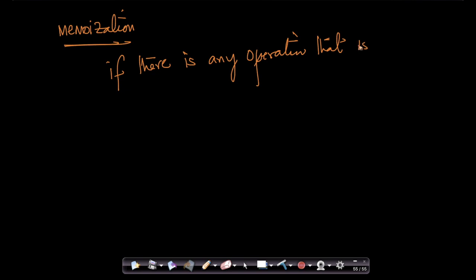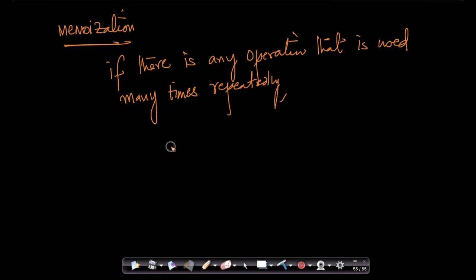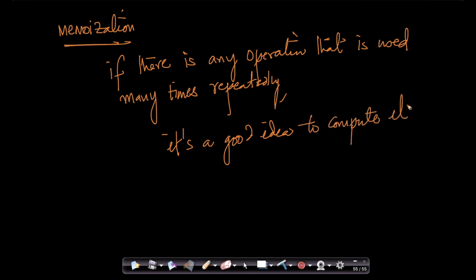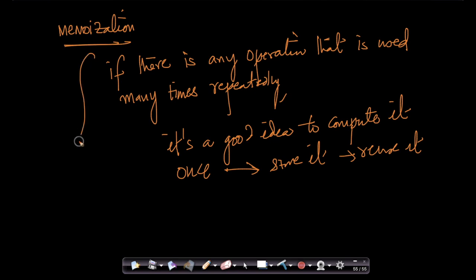If there is any operation that is used many times, repeatedly, then it's a good idea to compute it once, then store it and reuse it. That's all the concept of memoization.